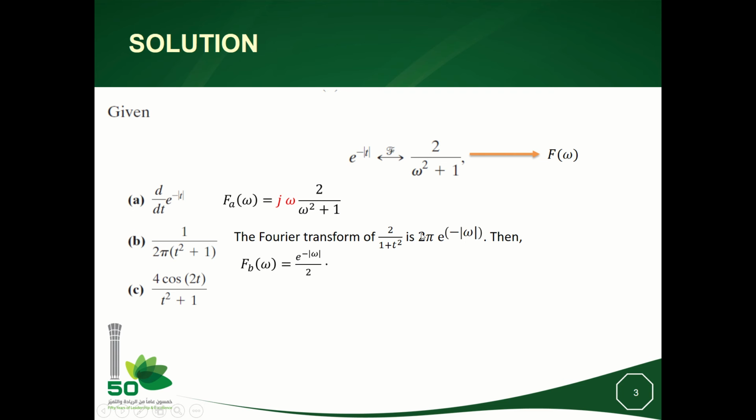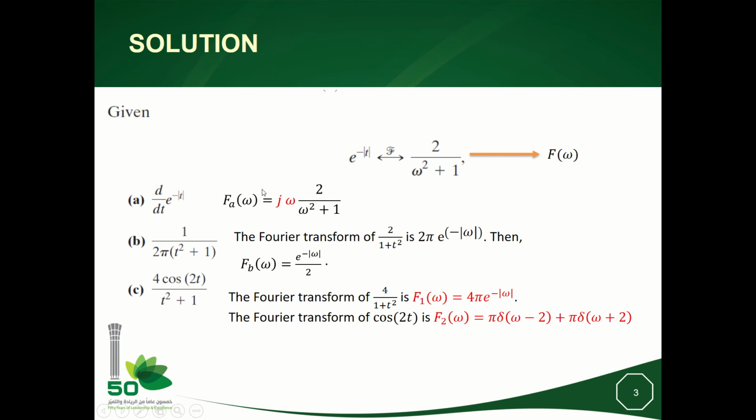It means here I will multiply by 2 pi, and I will replace the argument by minus omega, but the absolute value of minus omega gives absolute value of omega. Now, if I will divide by 2 pi, this gives the Fourier transform of fb of t, which is capital FB of omega equal to exponential minus absolute value of omega divided by 2.